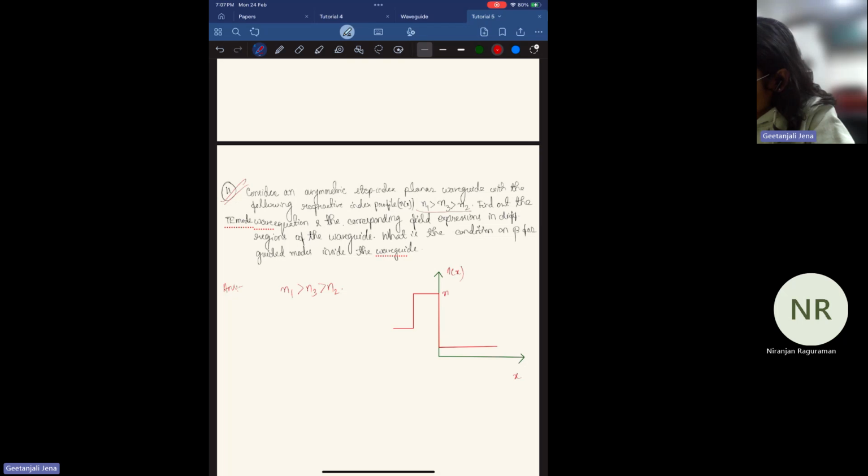So this is N1, this is N3, this is N2. Let us say this is x equal to minus t, x equal to 0.